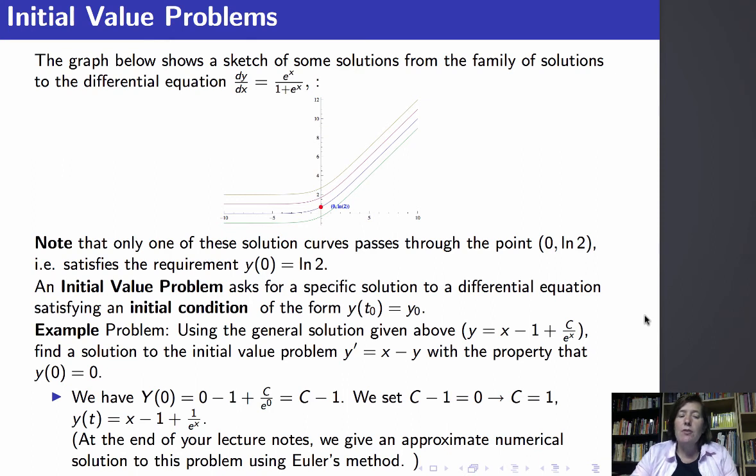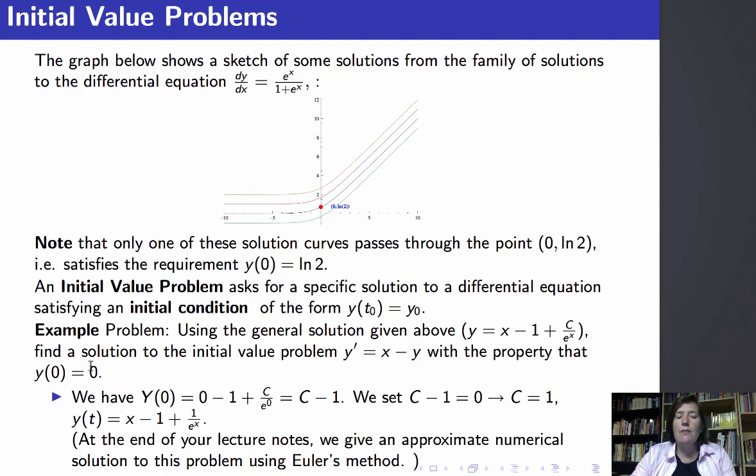So whatever that solution is, it must look like y of x equals x minus 1 plus c over e to the x for some c. And also, when x is 0, we must have y of 0 equals 0 minus 1 plus c over e to the 0. So we must have y of 0 is c minus 1.